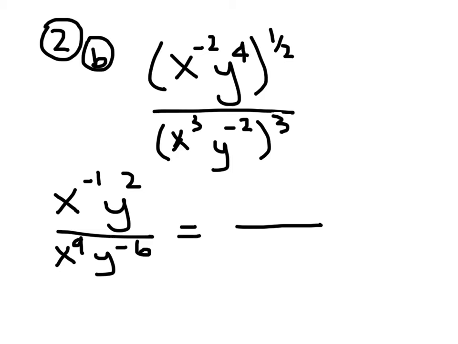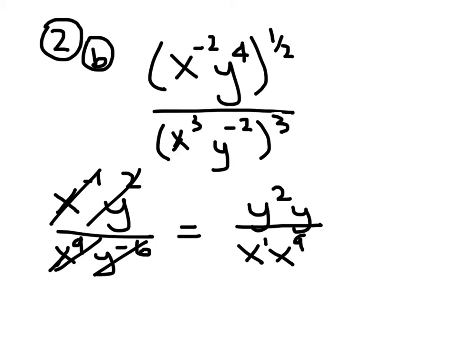So in the numerator, that x to the negative 1 will go into the denominator. The y squared will stay where it is. In the denominator, the x to the 9th will stay where it is, and the y to the negative 6 will move to the numerator. The result after multiplying is y to the 8th over x to the 10th.